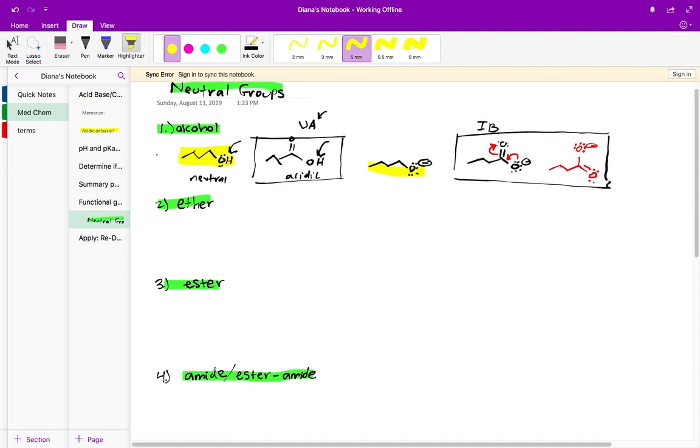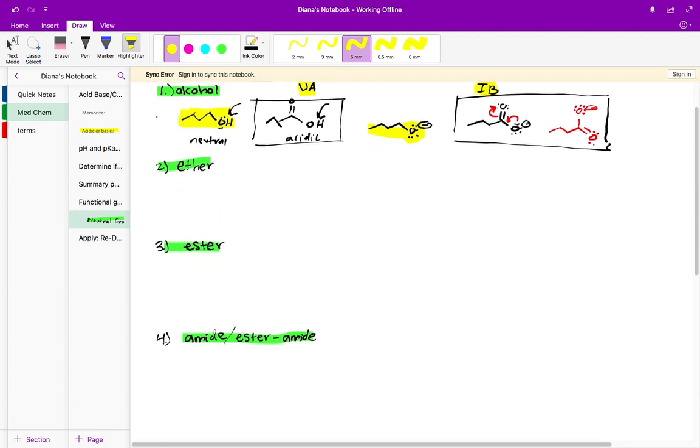That all has to do with the fact that this conjugate base form is very stable, making the carboxylic acid, the starting acid, very acidic, versus this alcohol right here, which is going to be neutral because its conjugate base does not have that delocalization. It's very unstable because the negative charge is concentrated on that one oxygen. Long story short, when you see alcohols, think neutral.